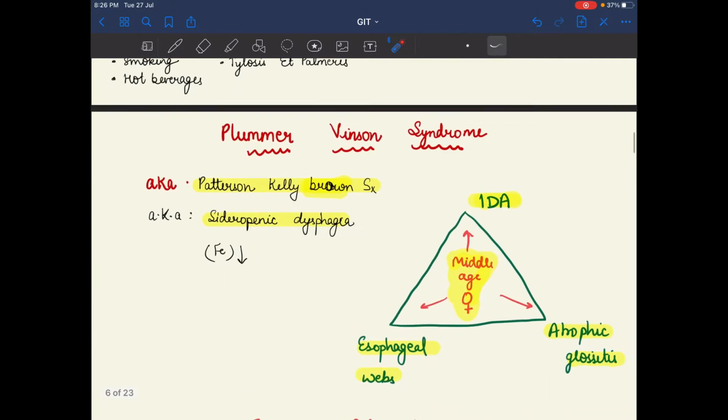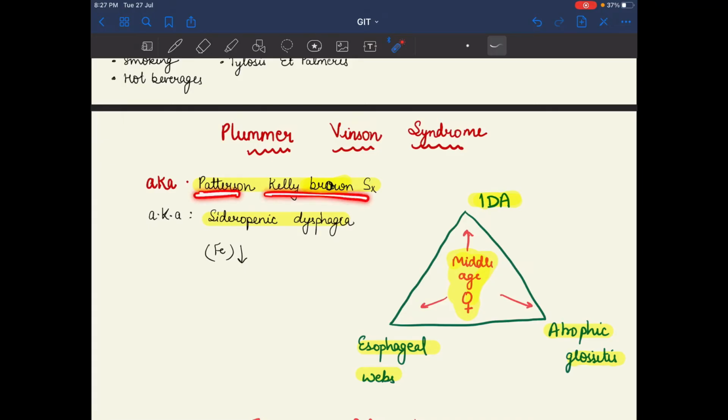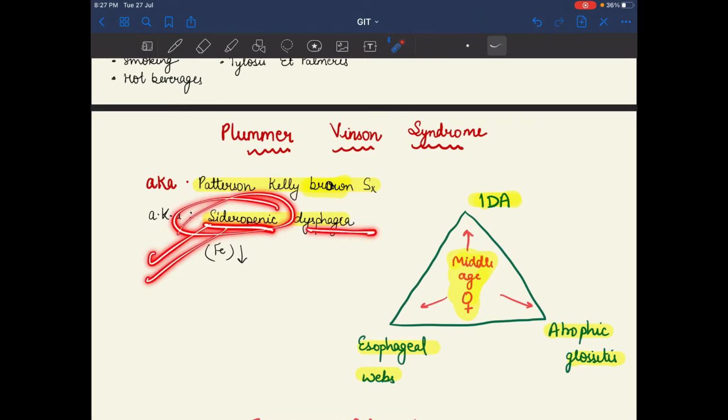Plummer-Vinson syndrome has a triad. It is also known as Paterson-Kelly-Brown syndrome, or sideropenic dysphagia. It is called sideropenic dysphagia because in Plummer-Vinson syndrome there is iron deficiency anemia, and the presentation is a middle-aged female.